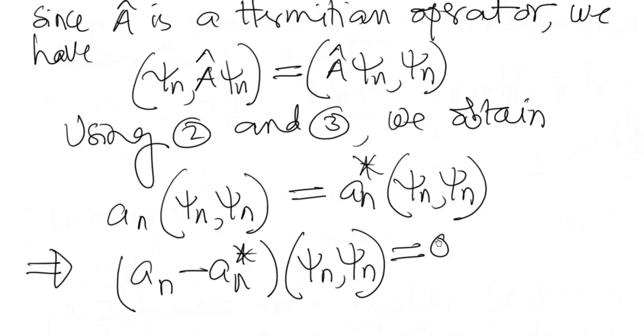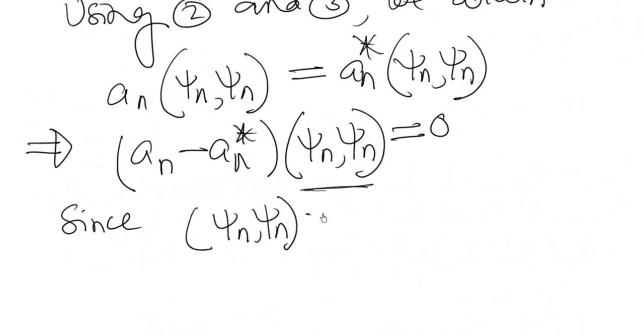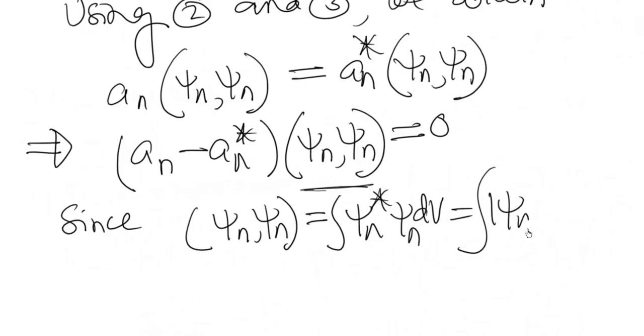Now, since the inner product of a state function with itself cannot be zero, this one cannot be zero, because inner product of a state function with itself is never zero.